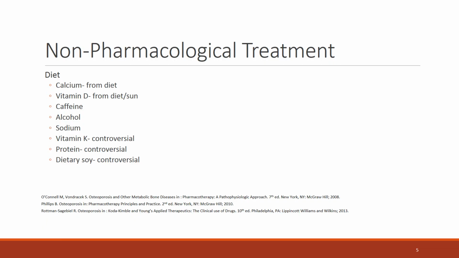Vitamin K, it's been controversial whether a deficit in vitamin K contributes to osteoporosis. So you'll see some calcium pills, mainly the Viactive Chews, had the vitamin K added in. So some of these other things, it's controversial.